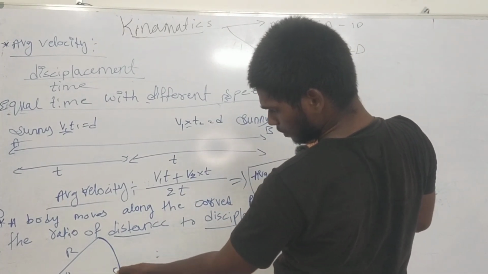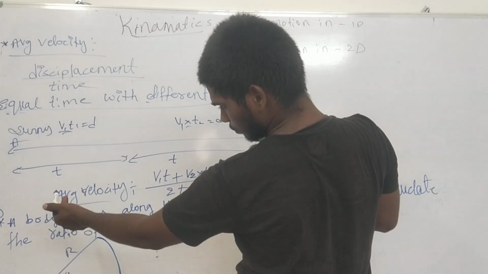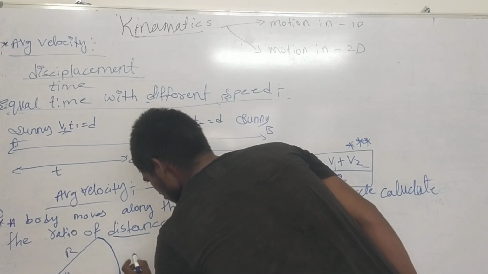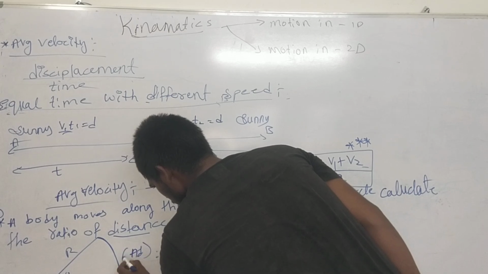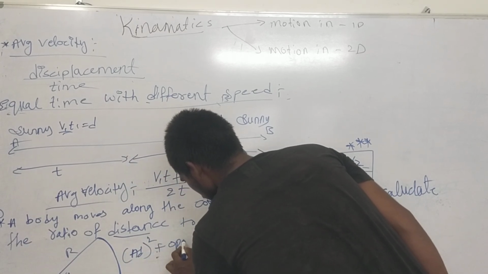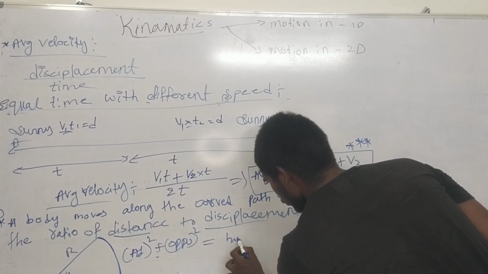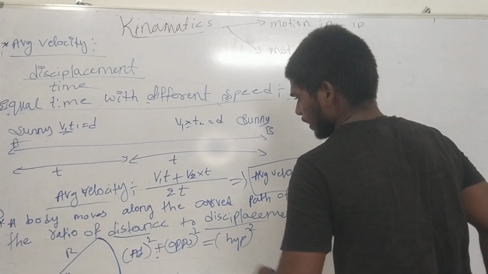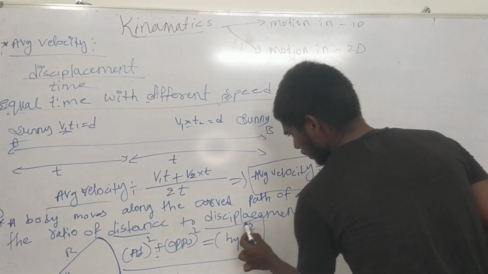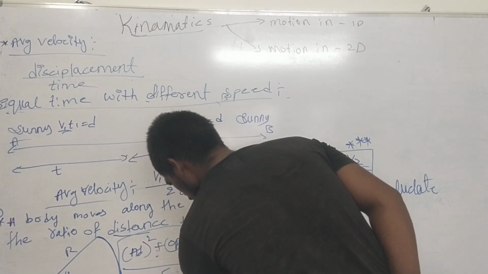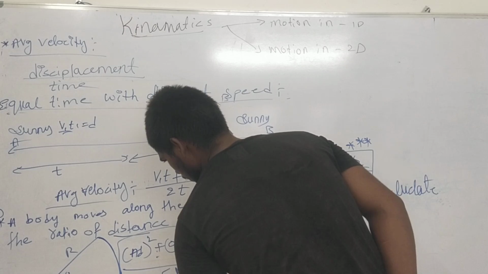90 degrees, this is adjacent मान लो, this is opposite मान लो, this is hypotenuse. अरे भैया पाइथागोरस मान लो, पाइथागोरस adjacent whole square plus opposite whole square is equal to hypotenuse whole square. ये फॉर्मूला में अप्लाई करेगा, आंसर मिलेगा √2r.